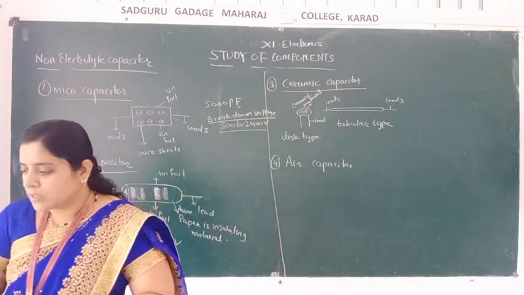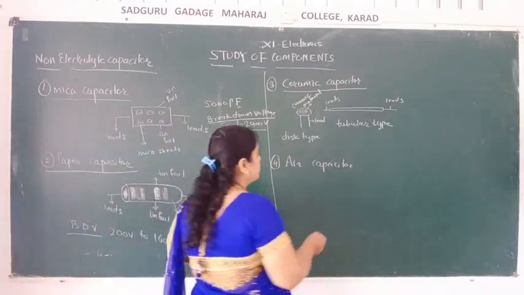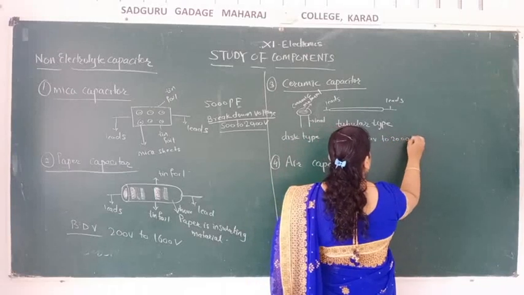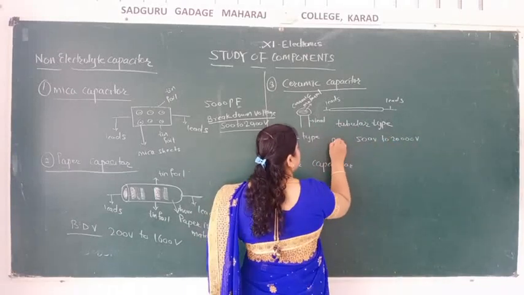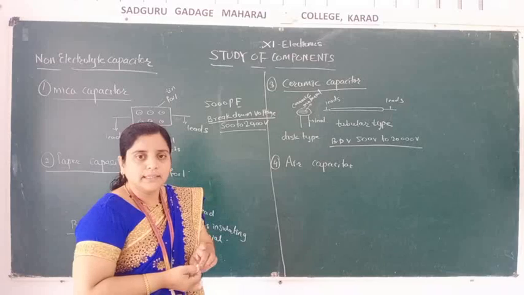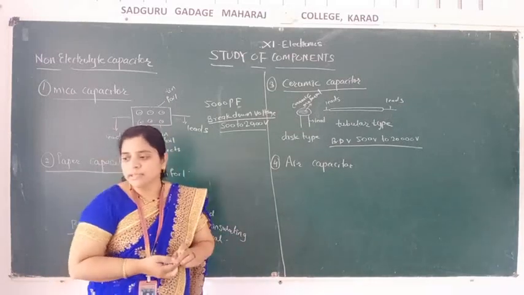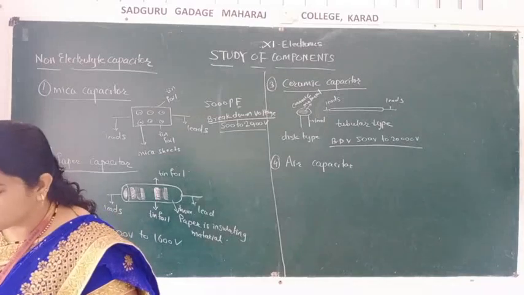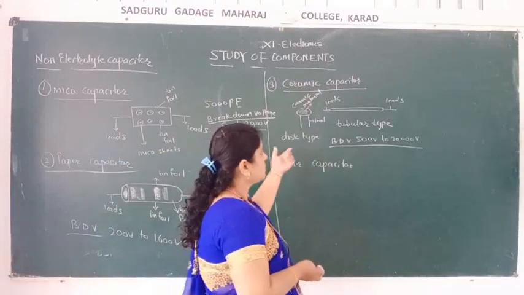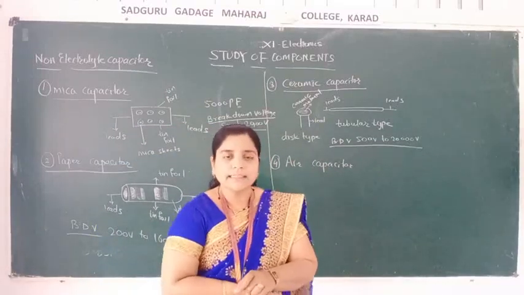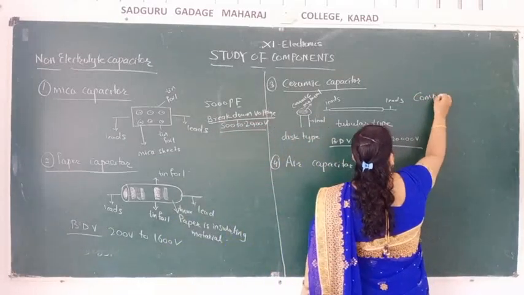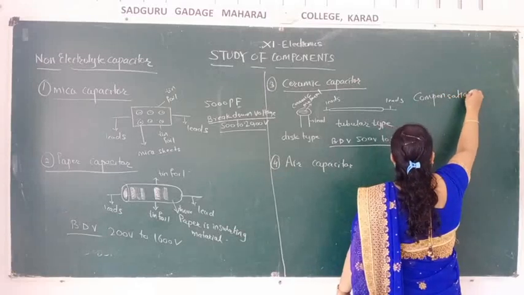Its breakdown voltage is 500 to 20,000 volt. And this ceramic capacitor is used to compensate for temperature.